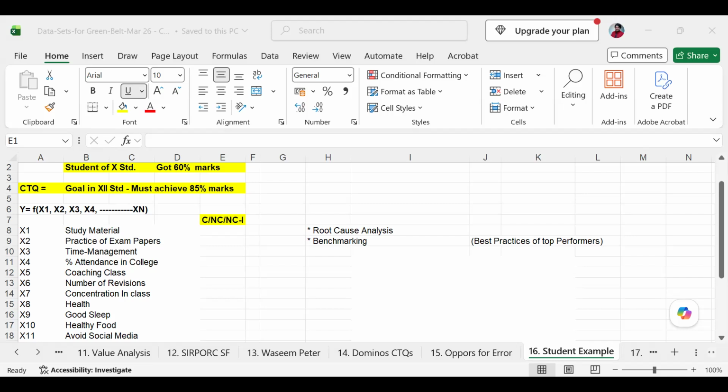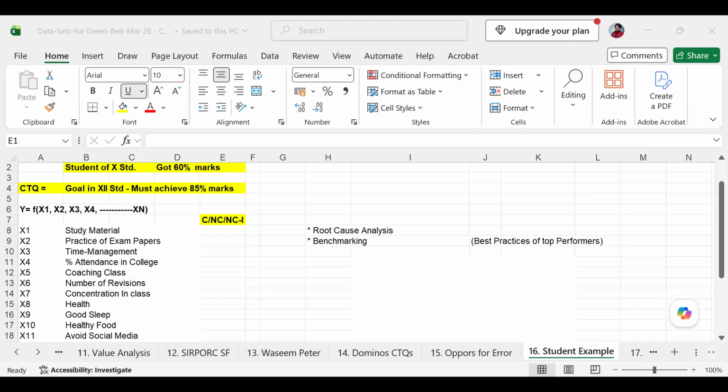Then there is voice of business. What are the goals of the organization in terms of the business? What are the priorities, such as profitability and cost reduction? So this is voice of business. If you are running a business, we must satisfy the customer, that is voice of customer.